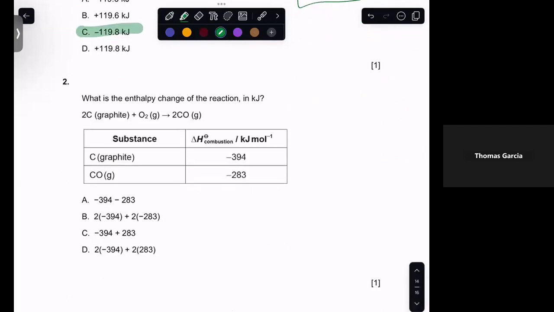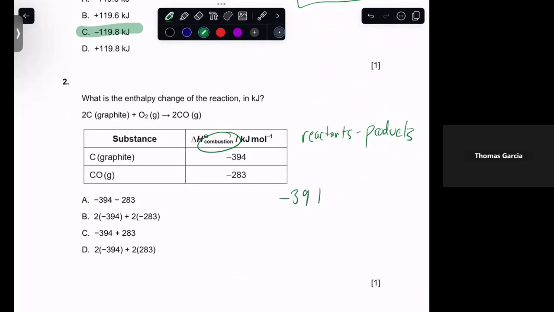All right. What is the enthalpy change of the reaction in kilojoules? Now, you'll notice this time they give you combustion. In combustion, it's the opposite. It's reactants minus products. So our reactants, which is graphite, negative 394, but you'll notice we have 2 of it, so we will multiply by 2.